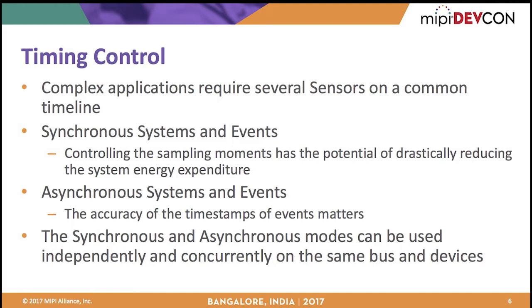One is to control the synchronous systems and events, meaning that there are applications, more so in the sensors world, where the sensors are actually taking samples at various moments, and then they have to transfer those sample values to the host. Now, if they are not synchronized in some way, then the data transfer can take place at erratic moments, and consequently, they keep the bus occupied for more than is really necessary.